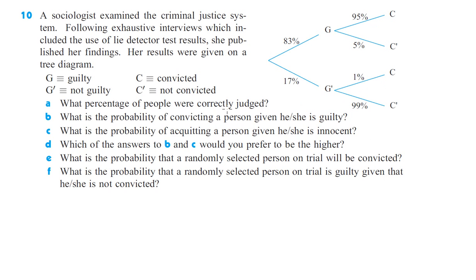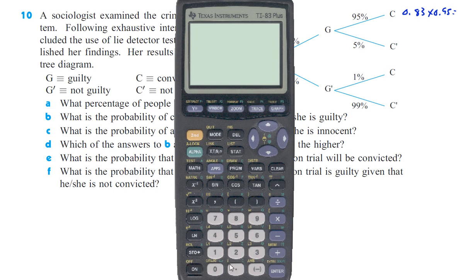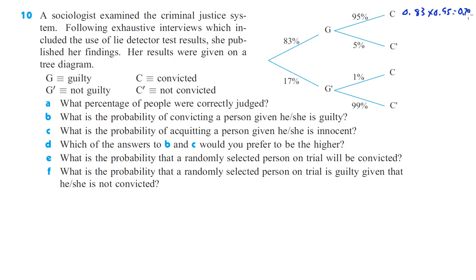What percentage of people were correctly judged? So these were the guilty that were convicted, so it would be this one here. Right, so that would be 0.83 times 0.95, which gives us 0.7885.